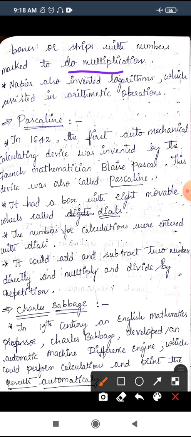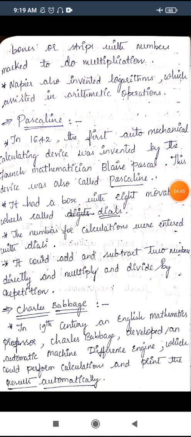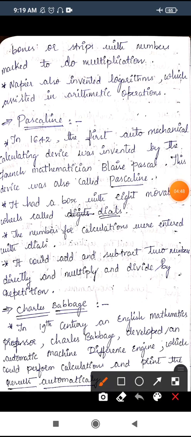Okay, so the next system is the Pascaline. In the year 1642, the first automatic mechanical calculating device was invented by the French mathematician Blaise Pascal. This device is called the Pascaline.